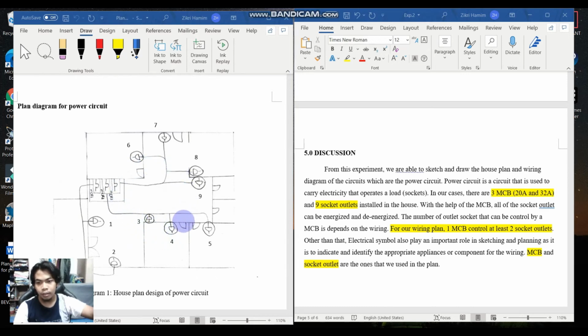For our experiment, the electrical symbols used are the MCB and the socket outlet. From our plans, this rectangle is the MCB and the circle is our socket outlet. So that's all for the discussion.